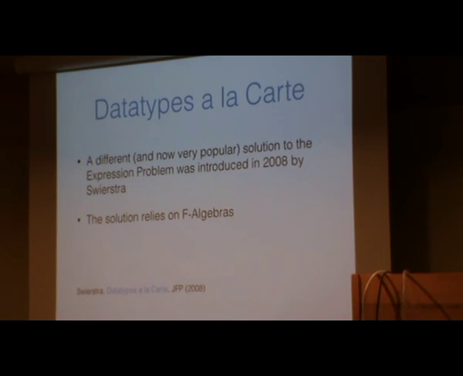A little bit later, there was another solution that was proposed, which became very popular. So the data types a la carte by Wouter Swierstra was an alternative solution to the expression problem. And interestingly enough, it also used algebras, but it used algebras in a different form.